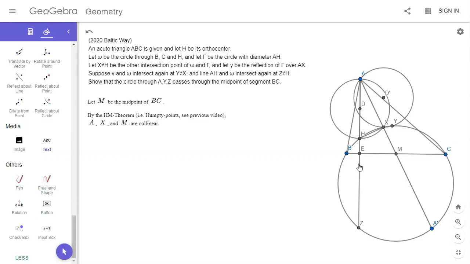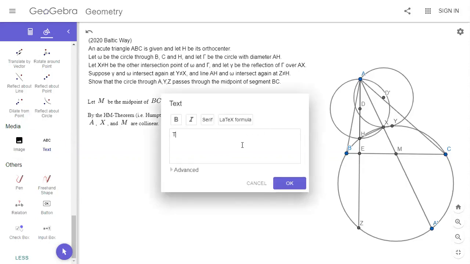I'll just write that out. So the reflection of H over BC lies on the circle ABC.